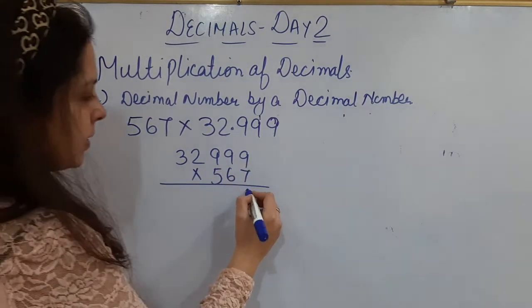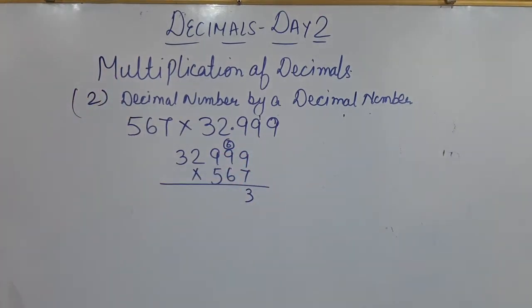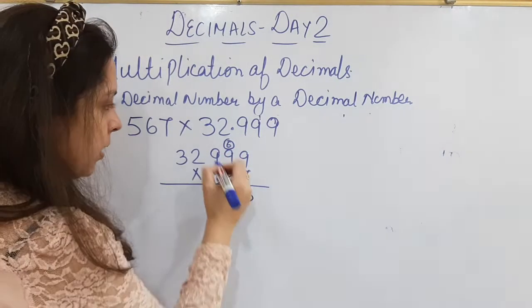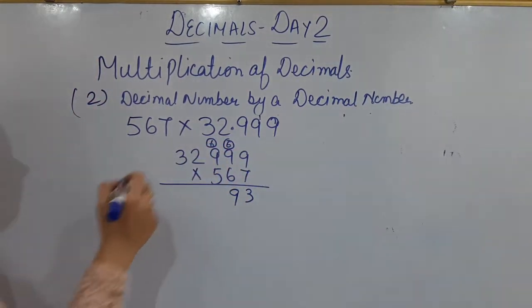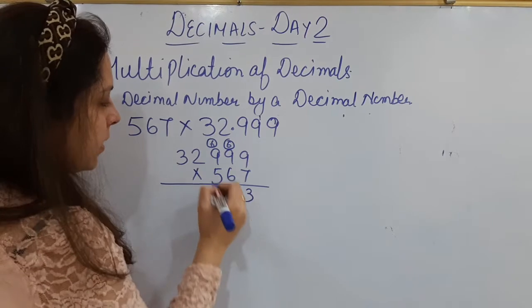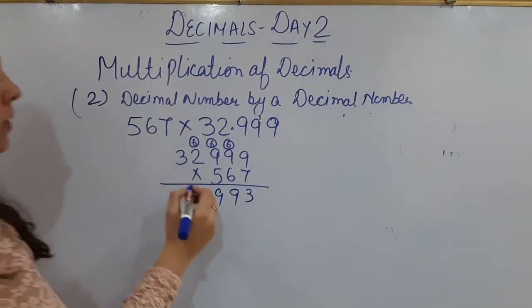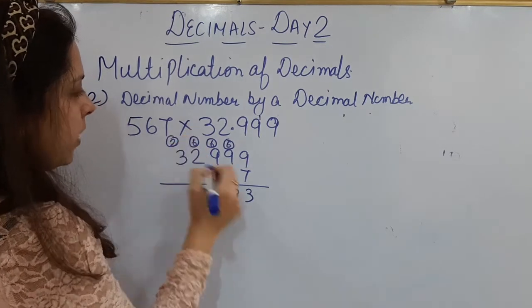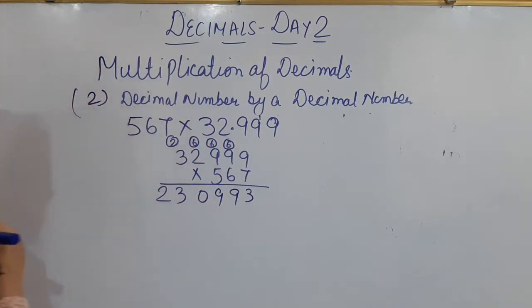So yes, 7 times 9 is 63. 63 plus 6 is 69. 7 times 9 is 63, plus 6 is again 69. 7 times 2 is 14, 14 plus 6 is 20. 7 times 3 is 21, 21 plus 2 is 23.